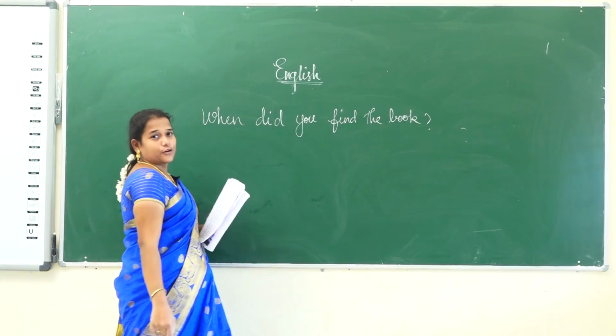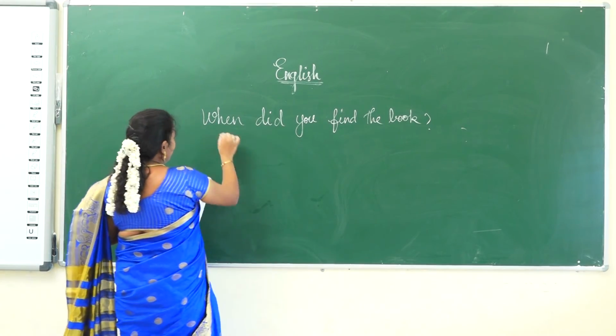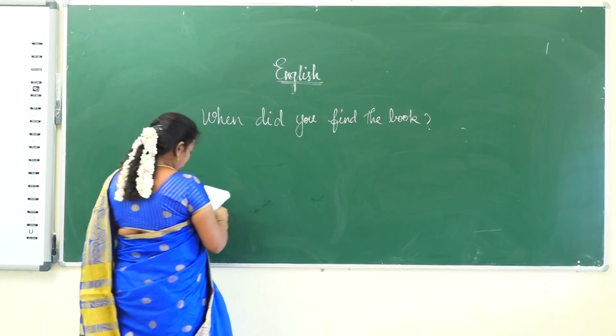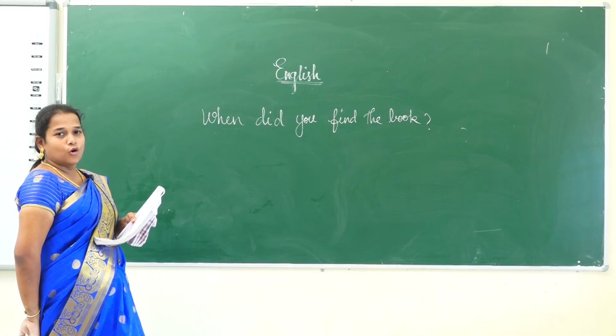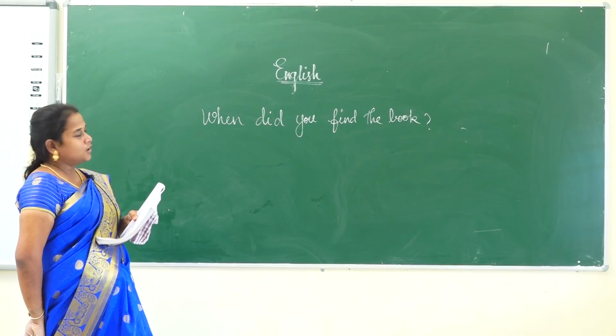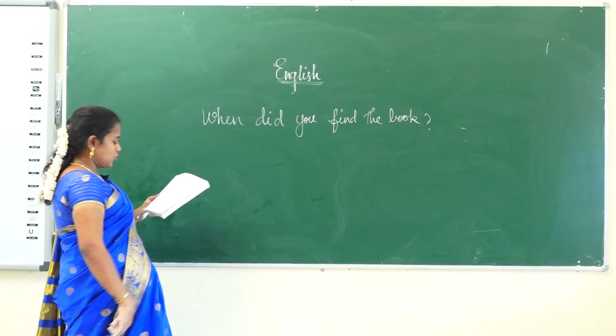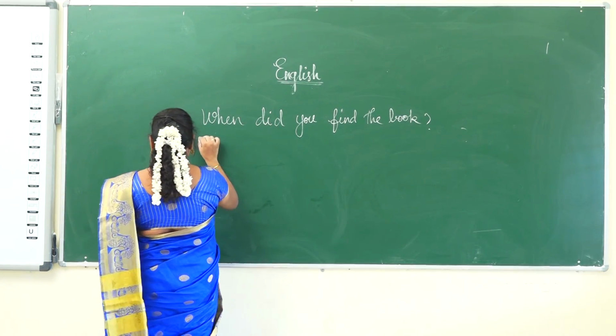This example is not in your book, you just listen. So, when did you find the book? How will we change it? This when will remain as it is, because who will change into by whom, but this when will remain as it is. So, we have to write the term when.